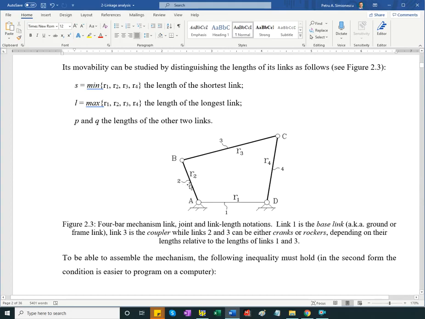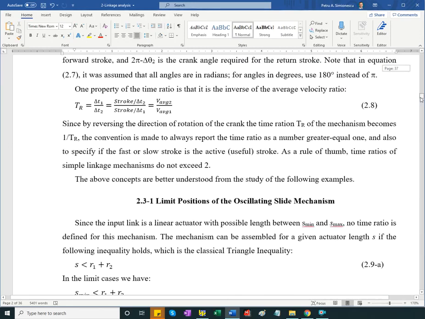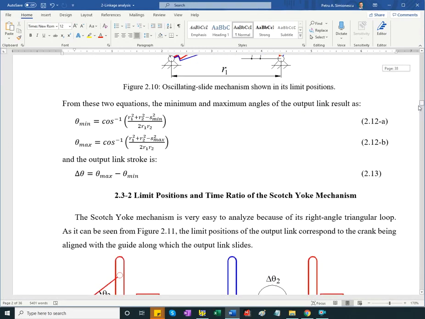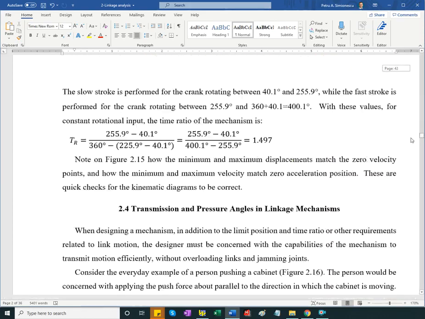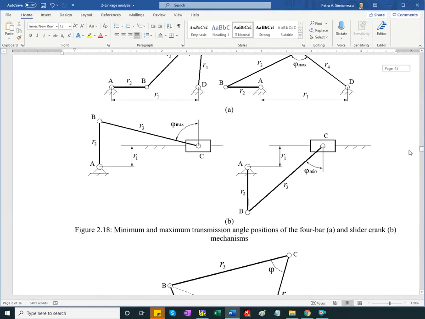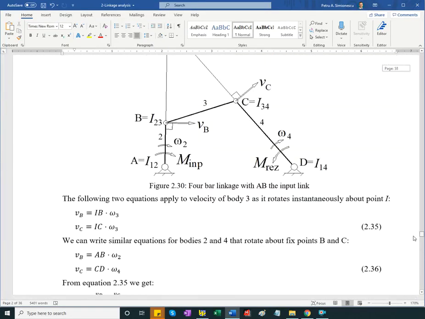R2 is usually the input, and the ground link is horizontal. These notations A, B, C, D, R2, R3, R4; it's not shown here, but this is going to be omega 2, and this is going to be omega 4. Okay, back to the problems at the end of the chapter.